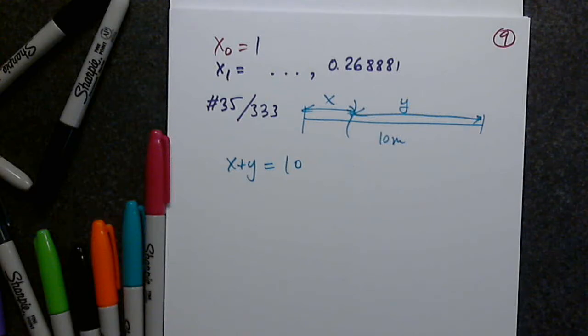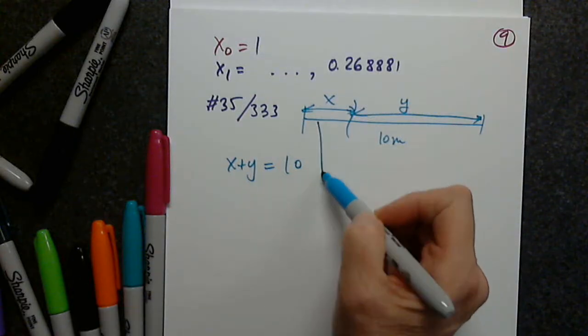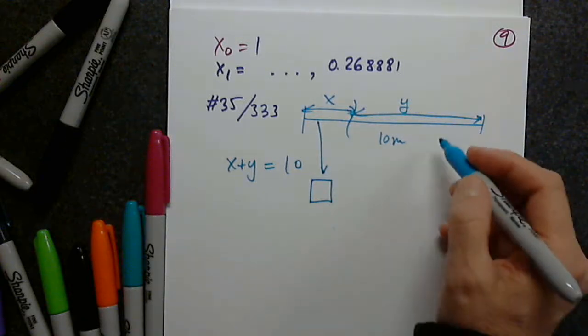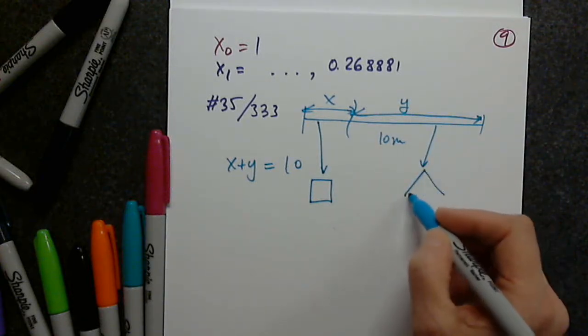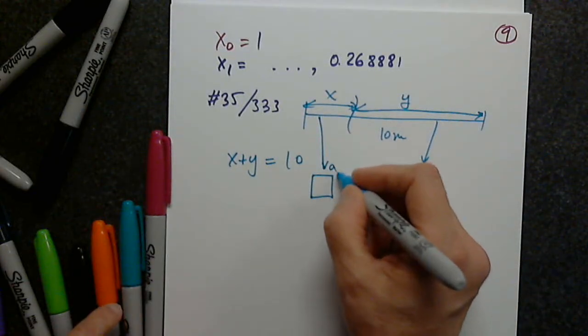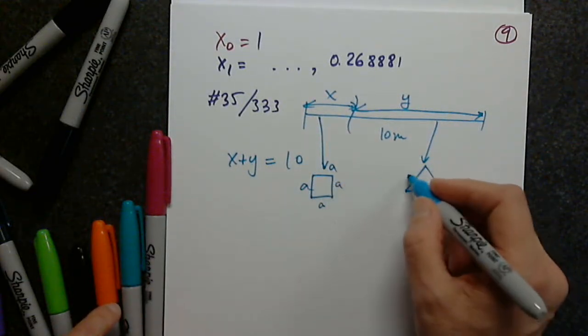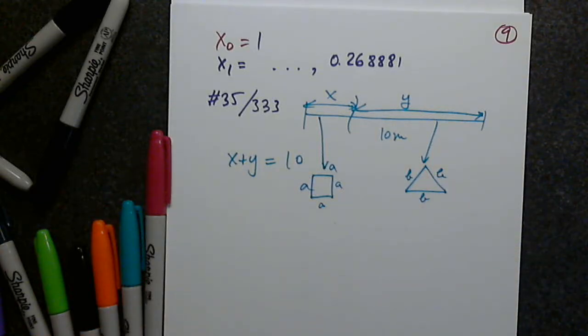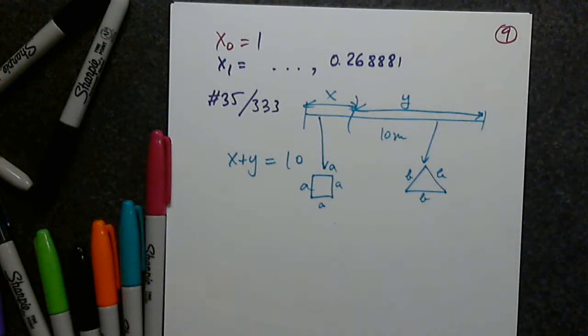One piece is bent into a square, so let's say this is the square, and the other is bent into an equilateral triangle. So now these are different measurements: A, B, B, B. How should the wire be cut so that the total area enclosed is either a maximum or a minimum? Not both at the same time, of course.